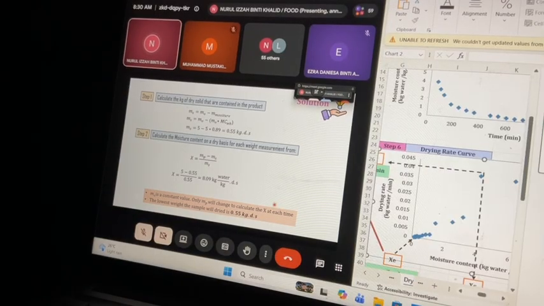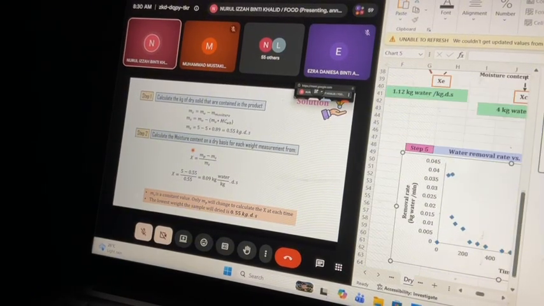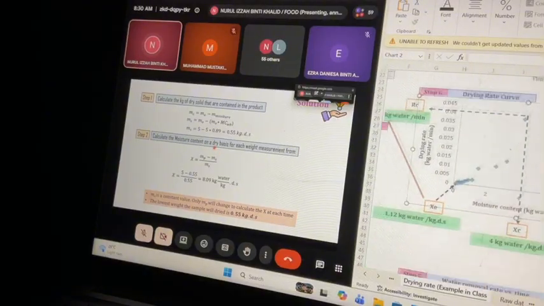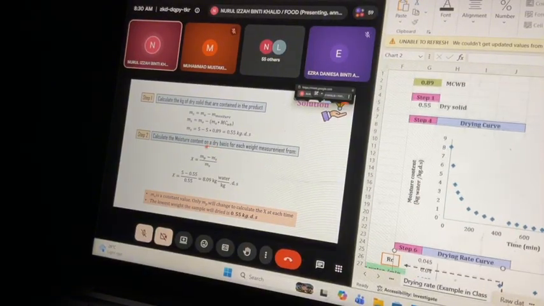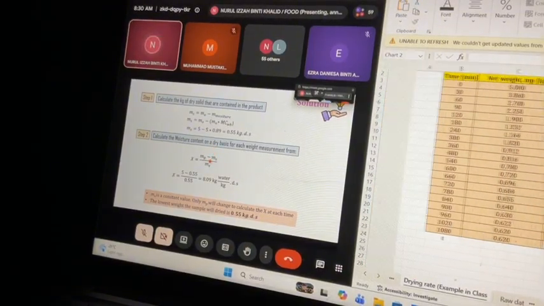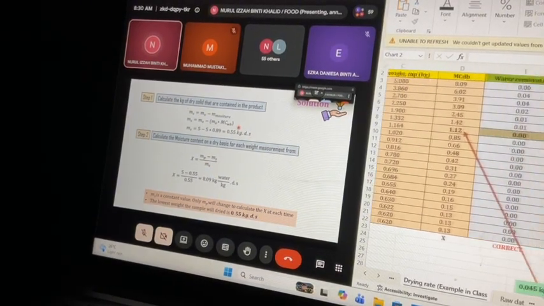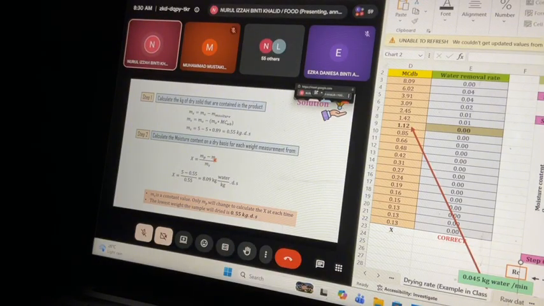Then you have to calculate the moisture content on a dry basis. Remember, the dry basis is the moisture removal divided by the mass of solid. That's why in the first step we calculate the mass of the solid. This is for each time, so the moisture removal for that time interval divided by the mass of the solid.